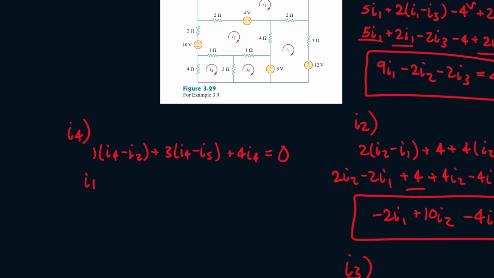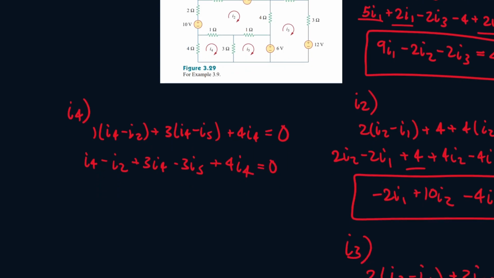FOIL this out, so I4 minus I2 plus 3 I4 minus 3 I5 plus 4 I4 equals 0. And simplifying this more, we have minus I2 plus 8 I4 minus 3 I5 equals 0.